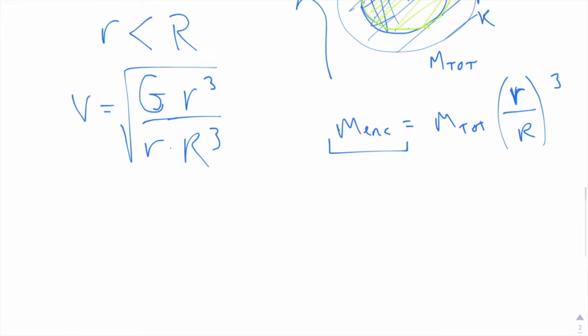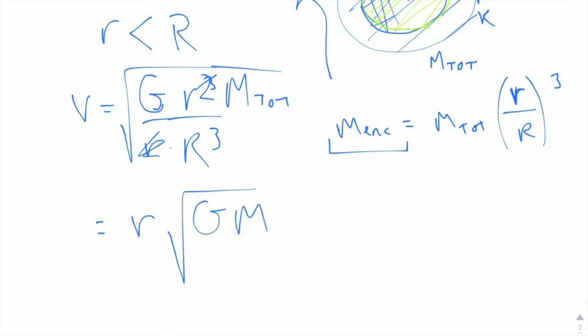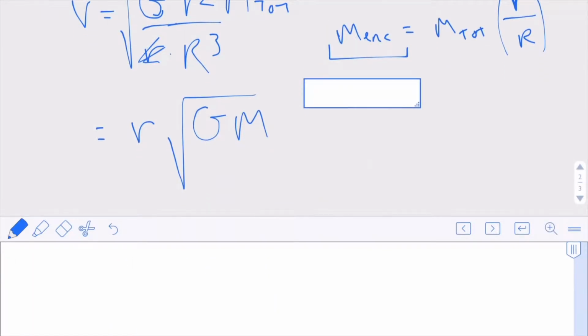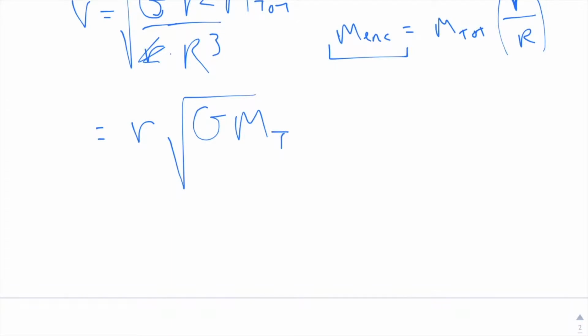So then we can simplify this. We can pull out an r because this cancels, this is r squared. So we get r times the square root of G M total over big R cubed.